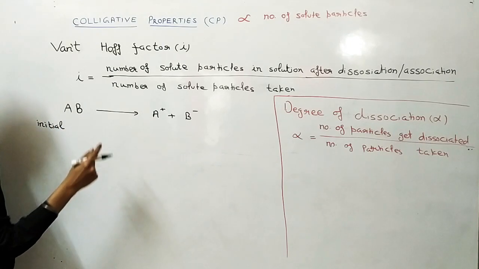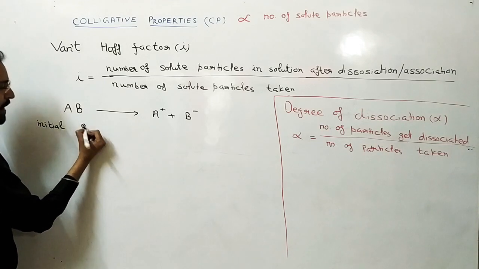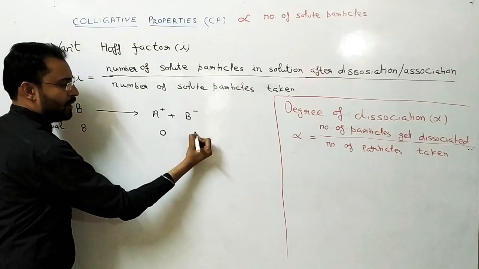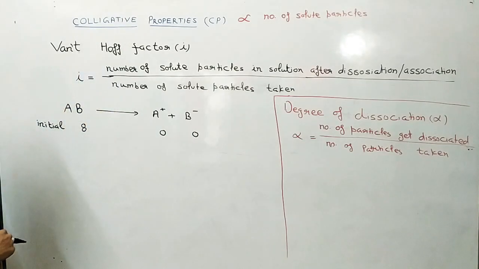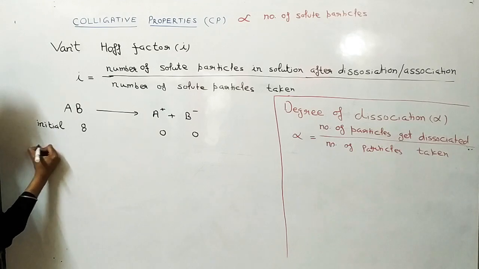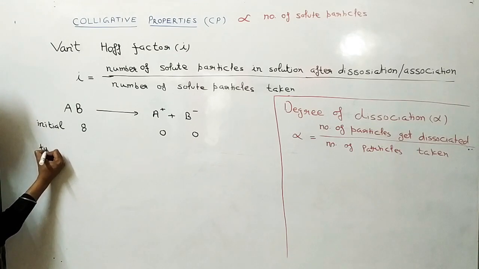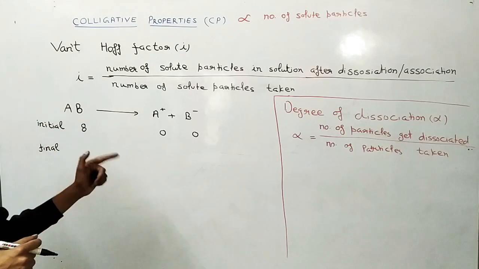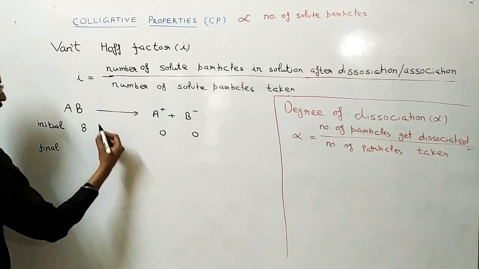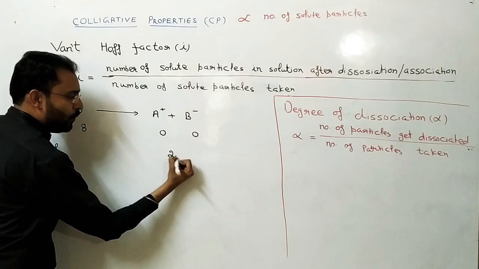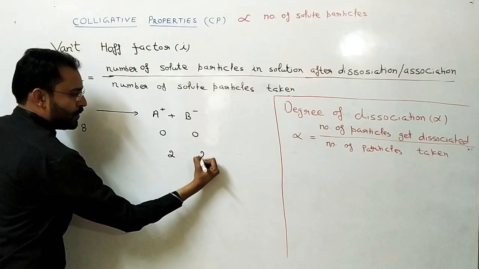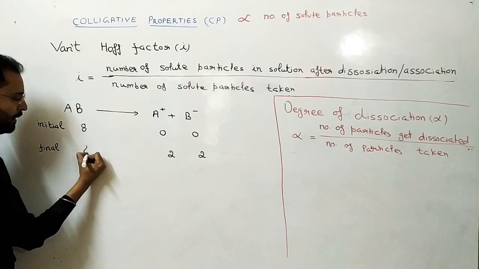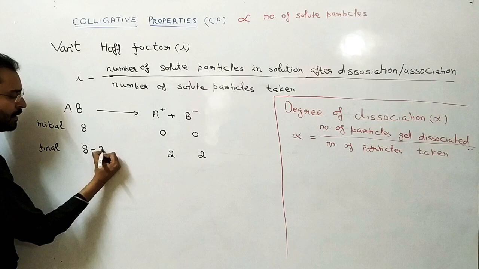The initial situation was, we have taken how many pens? 8. 0, 0 before dissociation. Final means when solute particles are dissolved in solution. We have 2. How many are left, complete pens? 8 minus 2.